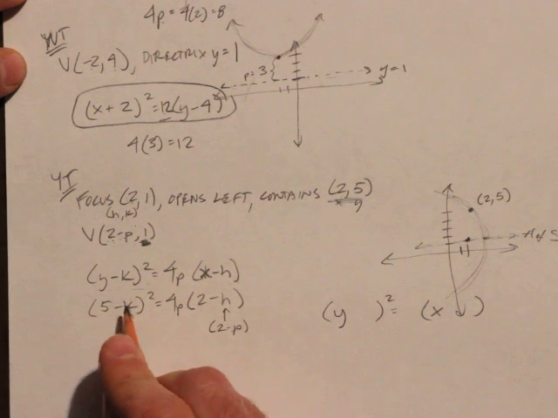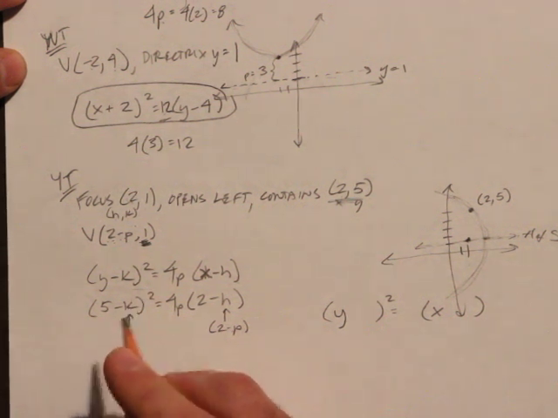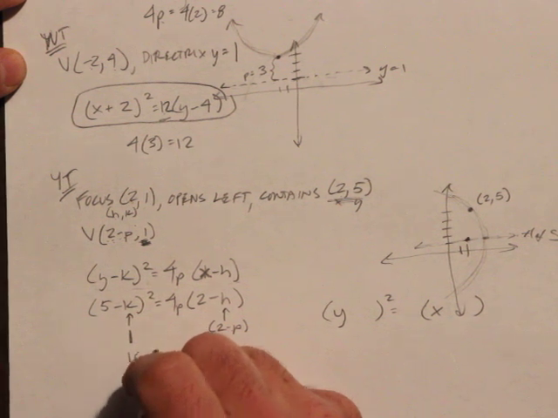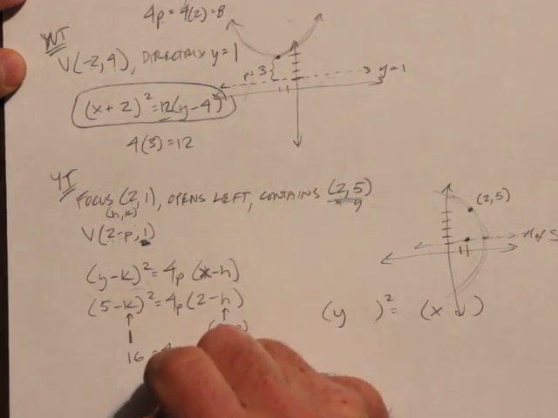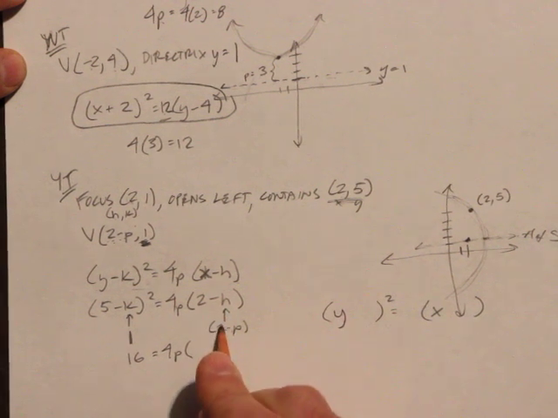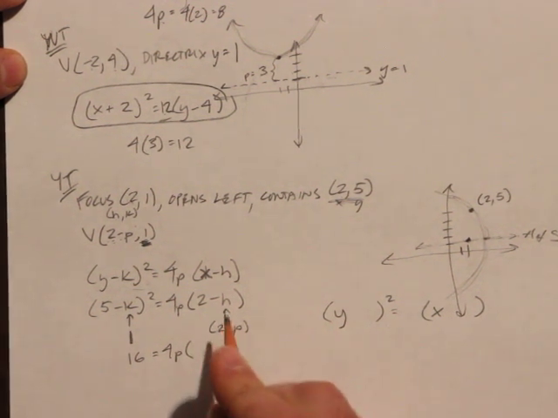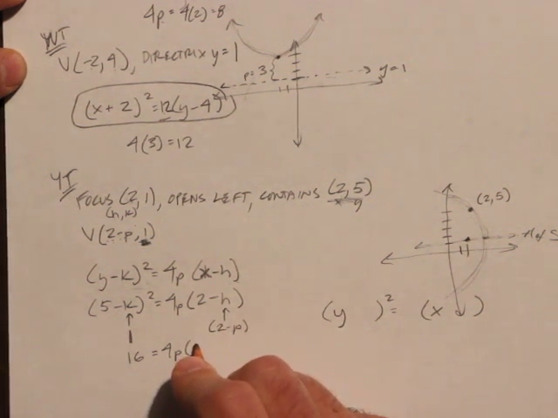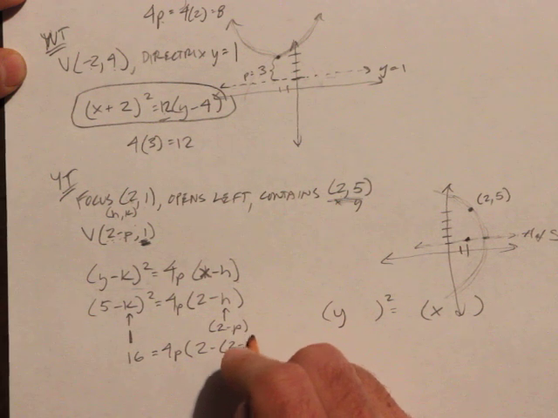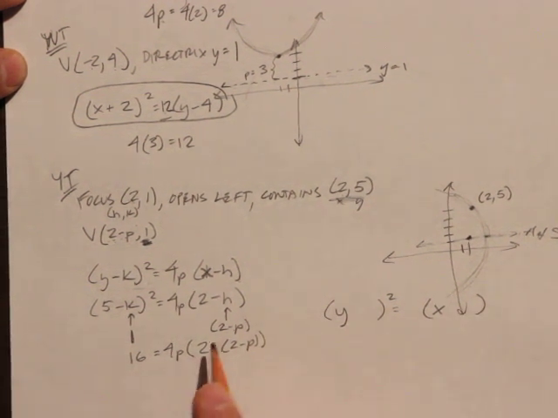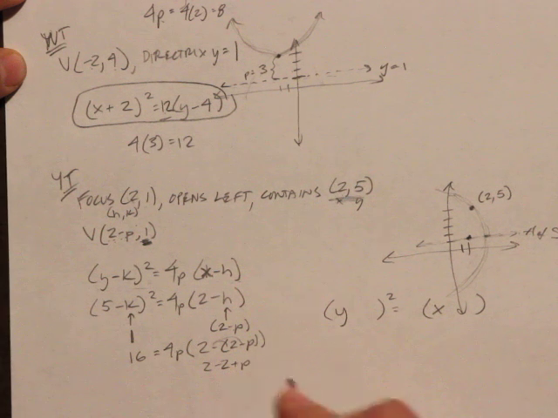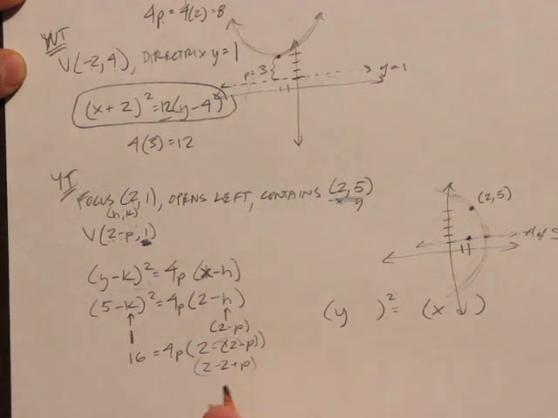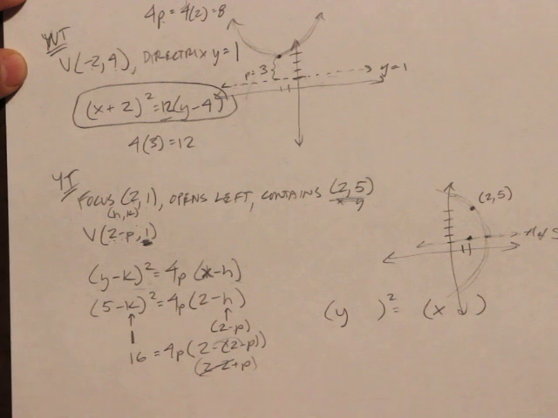5 minus 1 is 4. 4 squared is 16 equals 4 times p times, let's do this work in here, 2 minus (2 minus p). This negative gets distributed in here, and so I end up with 2 minus 2 plus p, which becomes p.